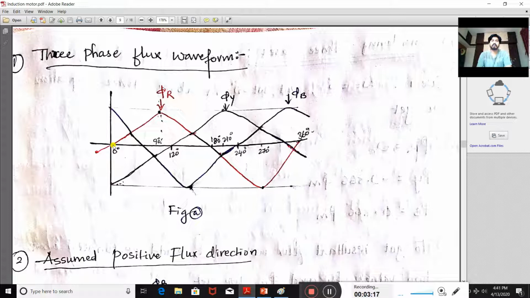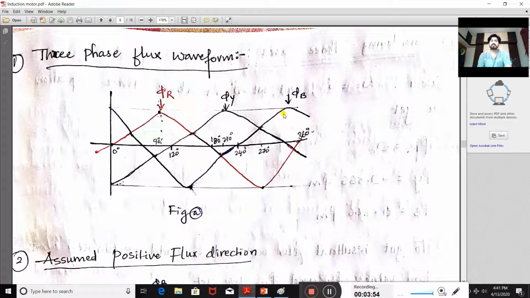Here flux phi r starts its journey from 0 degree, reaches maximum value at 90 degree, and reaches its first half cycle at 180 degree, and next it reaches the negative maximum value, then to 360 degree. That means it completes one cycle here. In the similar way, phi y, which lags behind phi r by 120 degree because the winding is placed in that position, starts its journey at 120 degree and reaches positive maximum here, and continues in the negative value.